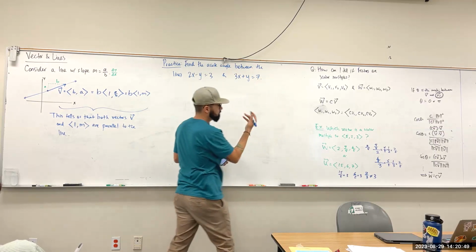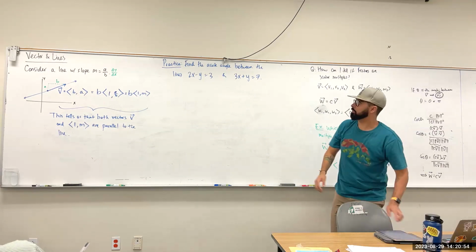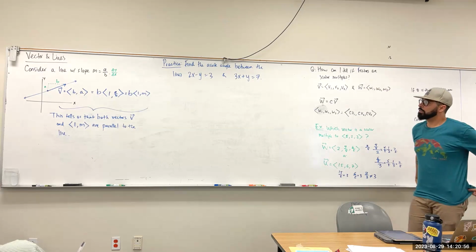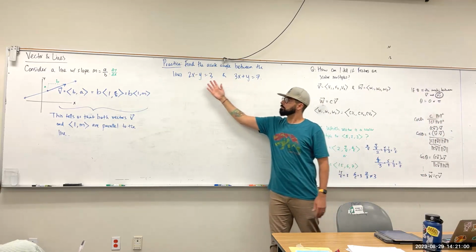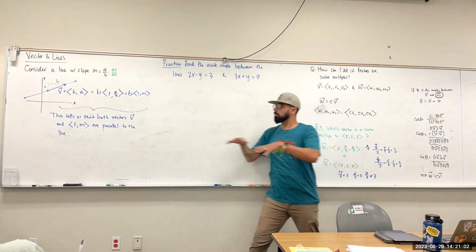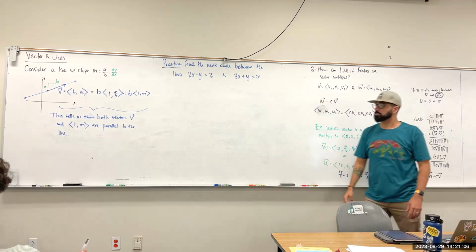And then use vectors to do this. Try to do it using vectors. Find the acute angle between these two lines, using what we discussed here and everything we've been doing in today's section.